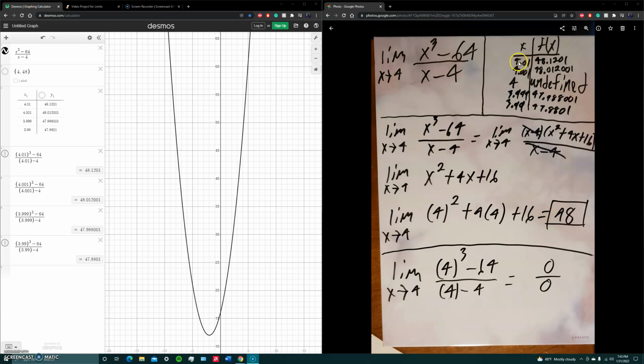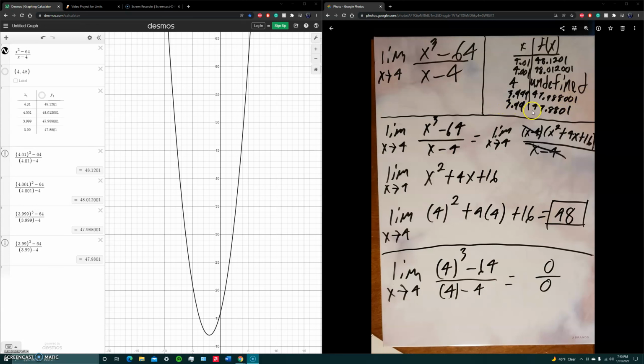But at 4.01, it's 48.1201. 4.001 is 48.012001. At 3.999, it's 47.988001.